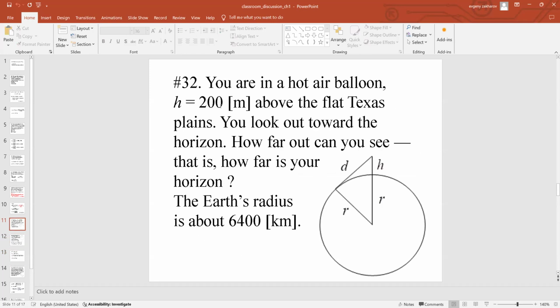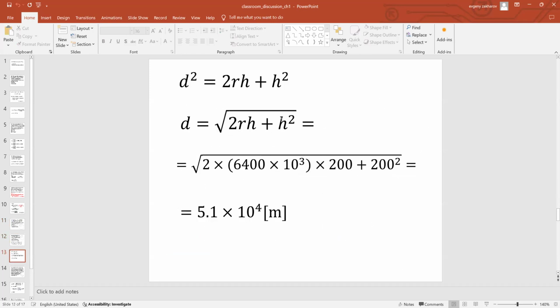Yeah, and the rest is given. You got 200 meters as h. So 200, 200. Radius is converted to meters. Everything is in meters, right? And once you do the radical of meters squared plus meters squared, you get meters only, squared again. So the formula is good. Distance is in meters.